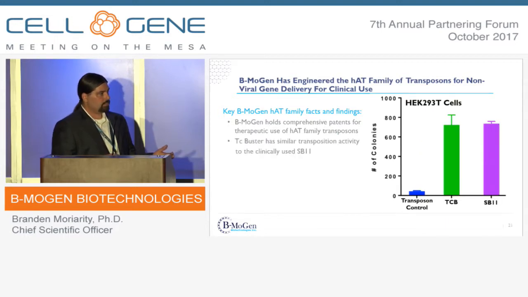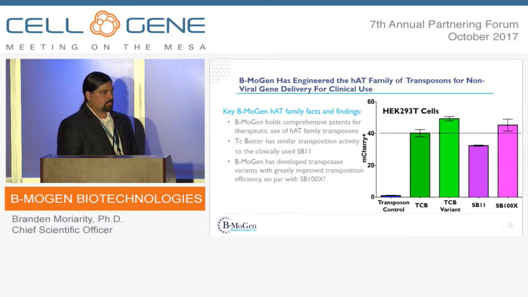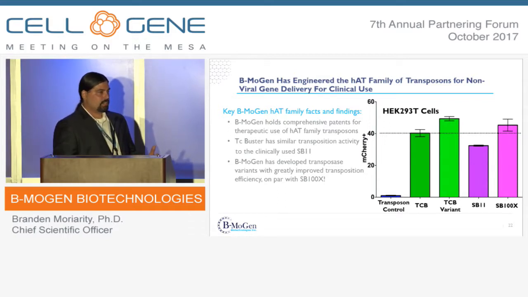Importantly, our system is actually very comparable to SB11 that was used in the clinic. Here's some data looking at stable gene transfer in transformed cells. And importantly, when we compare it to these hyperactive mutants of Sleeping Beauty that achieve levels of gene transfer comparable with viral vectors, we actually developed a transposase enzyme variant that is just as active as SB100X, and we expect to use this for primary T cell and other cell engineering to reach the level of viral vector integration rates.